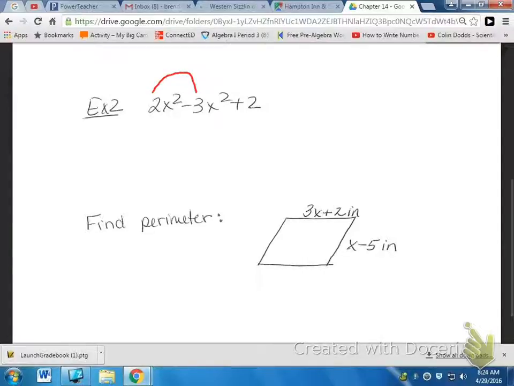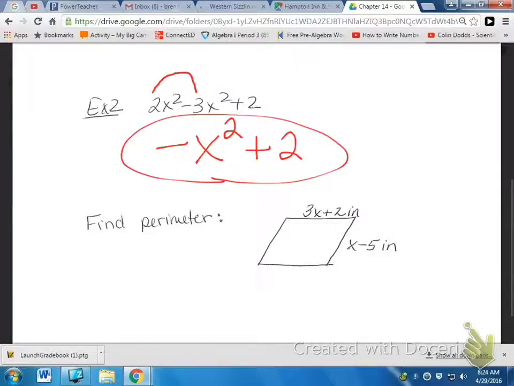So you look at the coefficients, 2 minus 3, what would that be? Negative 1, but we don't want to write ones in front of our variables, so we would say negative x squared. There is no x term, so there's nothing to write, so I'd finish off by putting the constant term 2. Negative x squared plus 2. And you're done. Any questions about that?